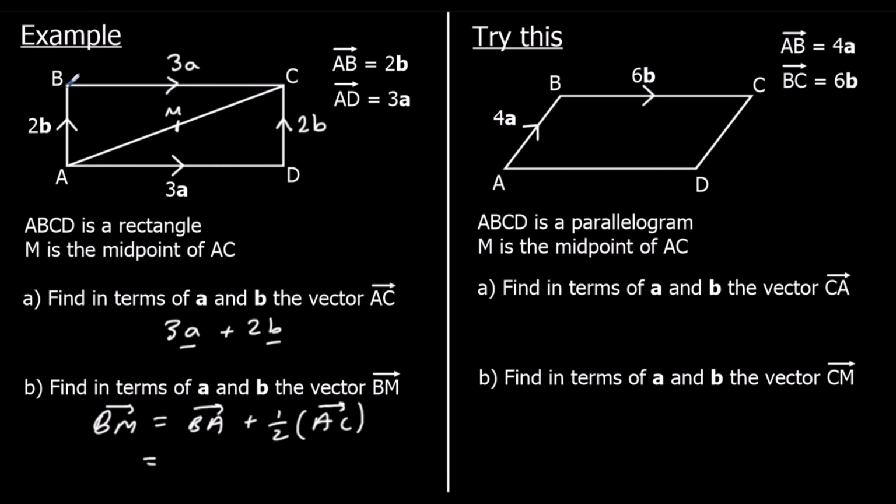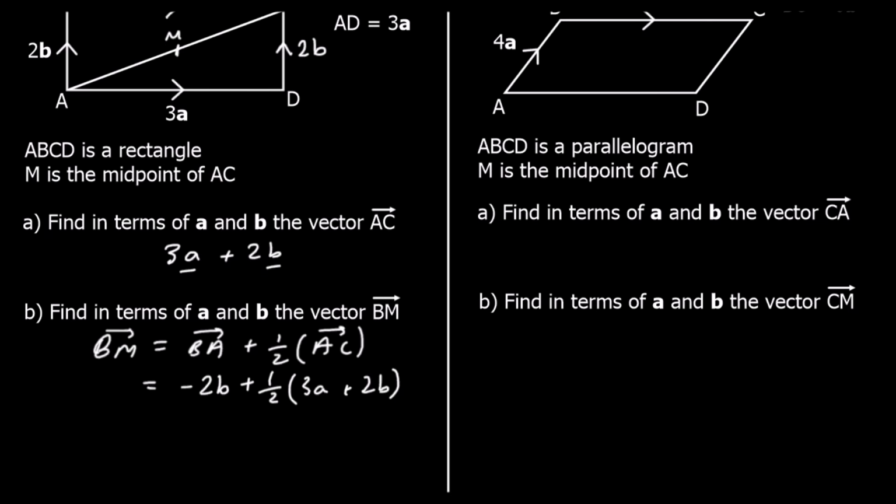So B to A is negative 2b, and A to C was 3a plus 2b. So I've got minus 2b plus half of 3, which is 1.5, so 1.5a, and half of 2b, which is b.